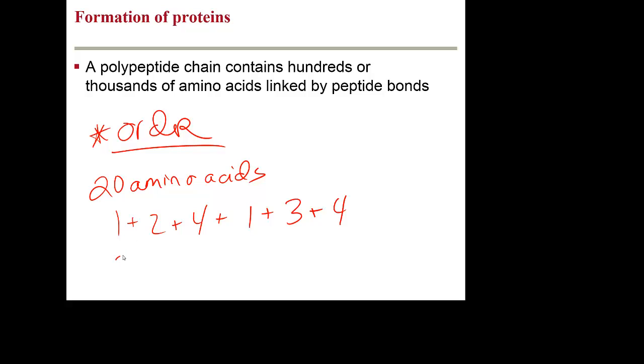And if I change this, this is different than this. Think about amino acids like letters of the alphabet. You can put them together in all kinds of sequences to build different words. In this case, we're building different proteins that are going to do different jobs.